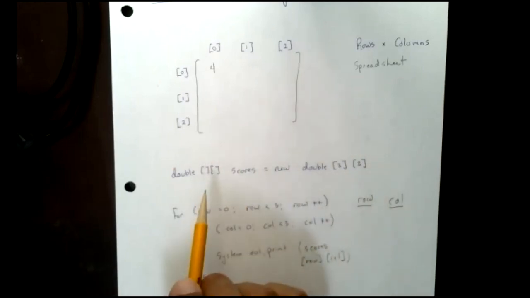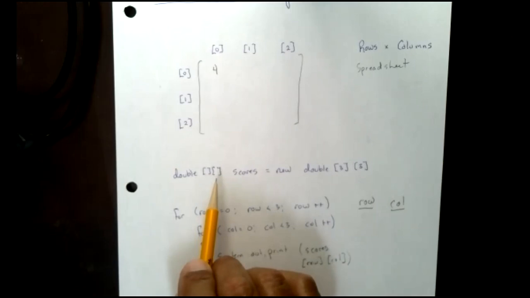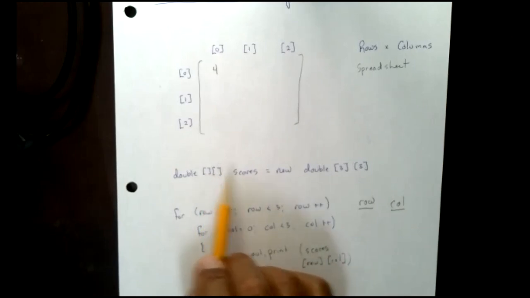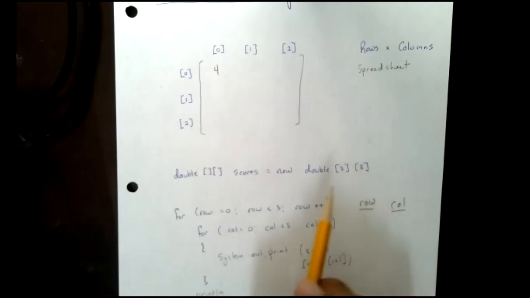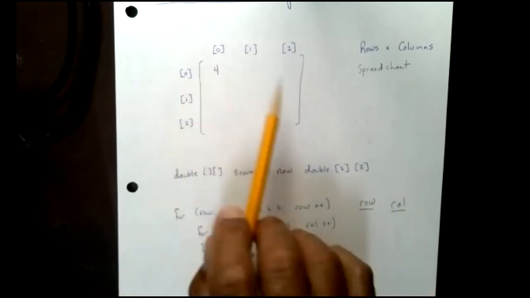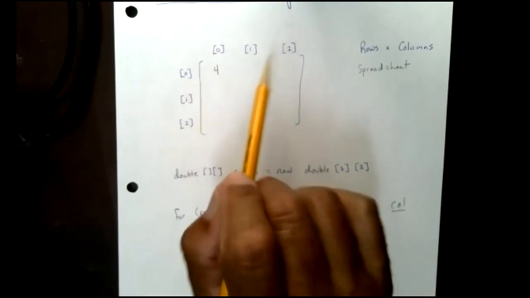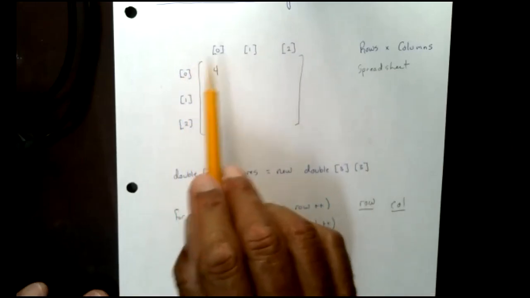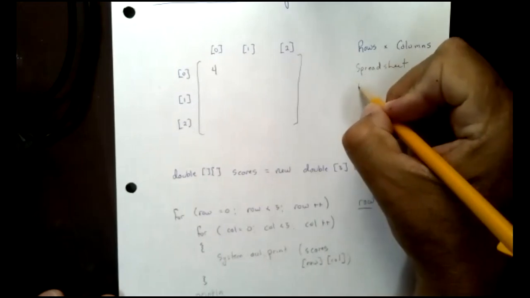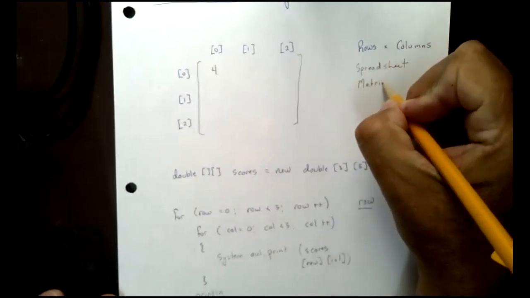The declaration is, instead of one set of square brackets like we previously saw, I now have a second set of square brackets. Now, what's a two-dimensional array? Well, you start taking a look up here, and it's where I have the good old-fashioned rows and columns. I wrote spreadsheet, a matrix.